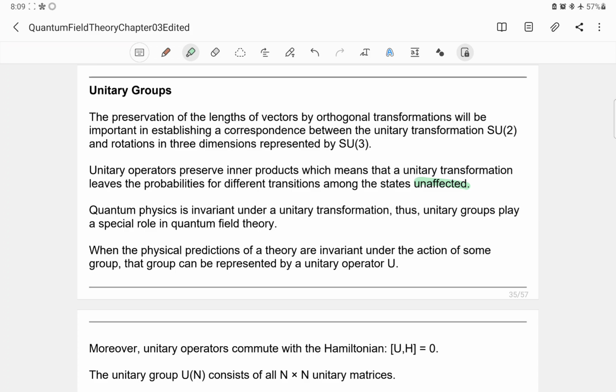So unitary groups play a very special role in quantum field theory. When the physical predictions of a theory are invariant under the actions of some groups, that group can be represented by a unitary operator U.